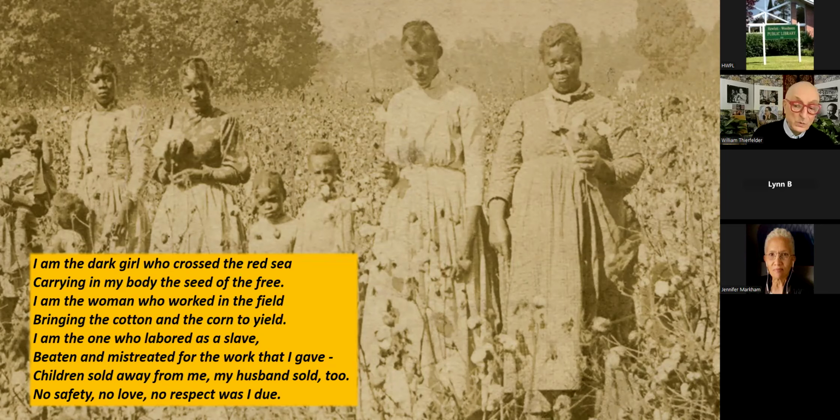I am the woman who worked in the field, bringing the cotton and the corn to yield. I am the one who labored as a slave, beaten and mistreated for the work that I gave. Children sold away from me, my husband sold too. No safety, no love, no respect was I due.